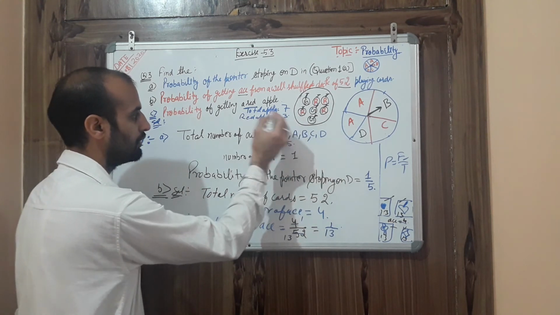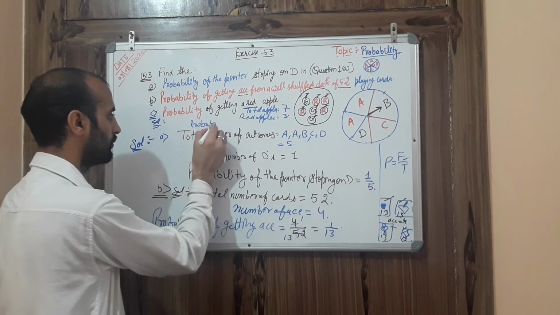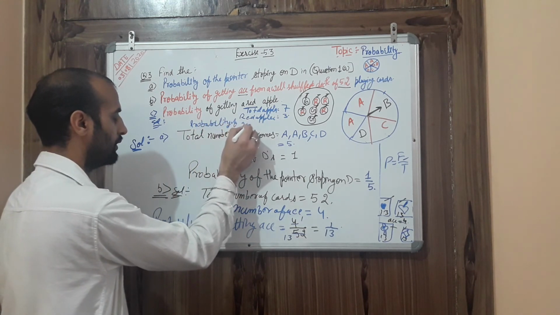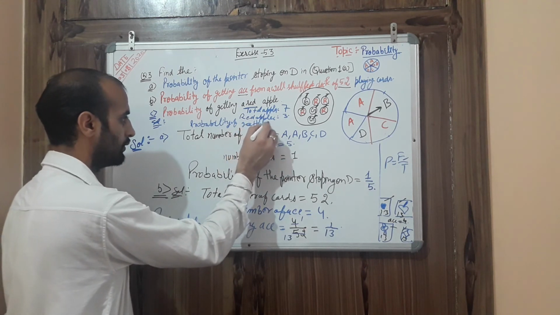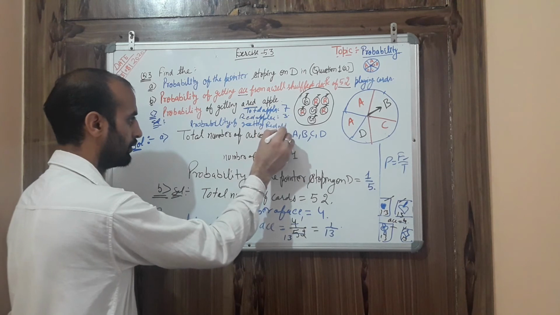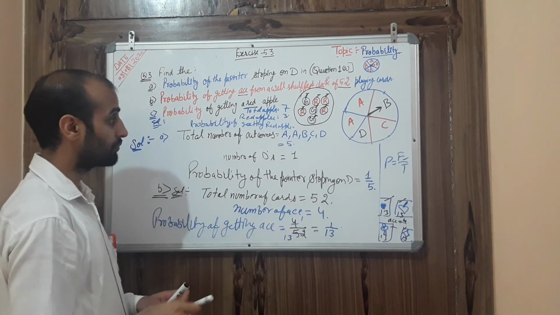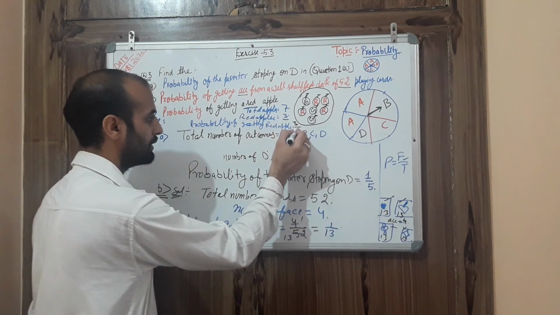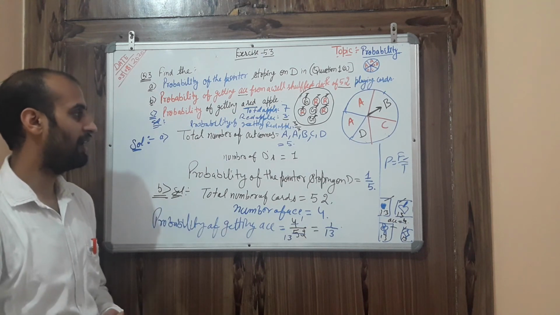So now you can write the probability of getting a red apple. Favorable is 3, total is 7. So 3 upon 7 is the probability of finding red apples.